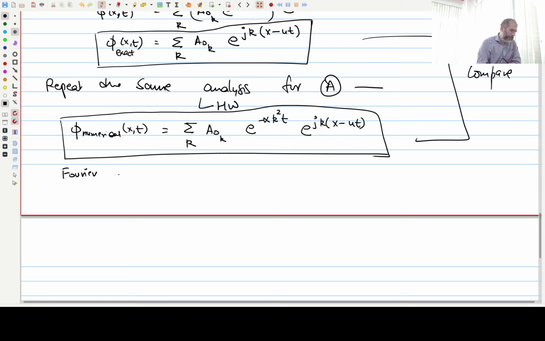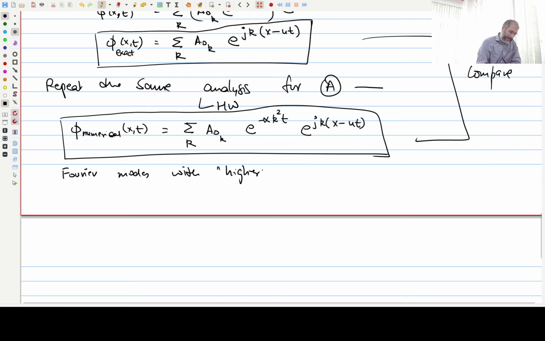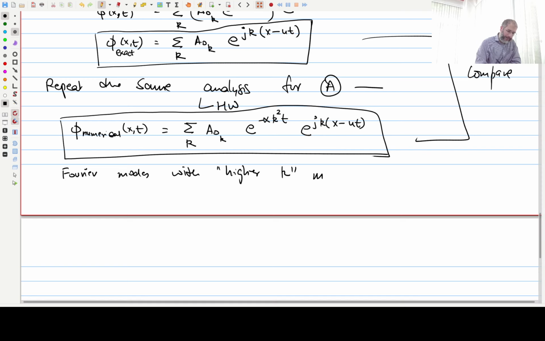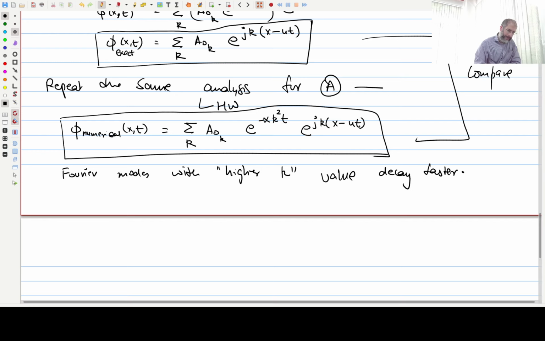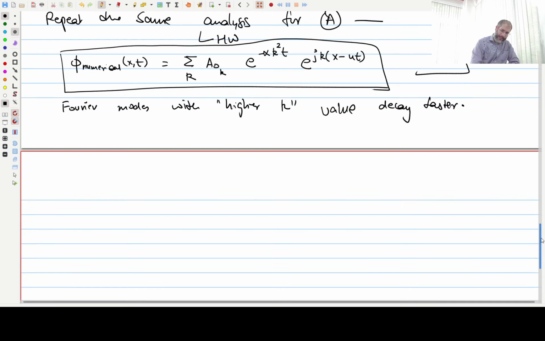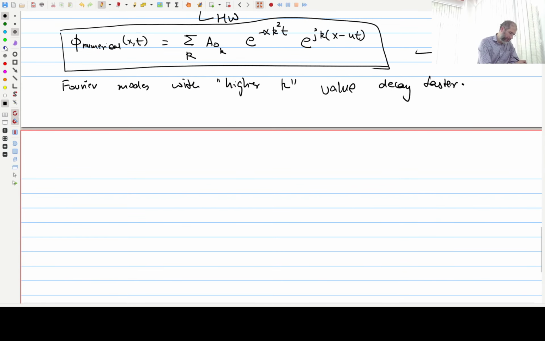So we'll write: Fourier modes with a higher k value decay faster. Now remember, let's actually show it to you graphically.